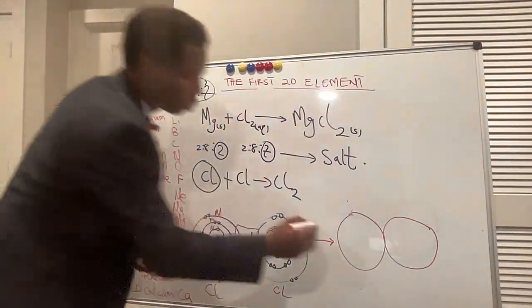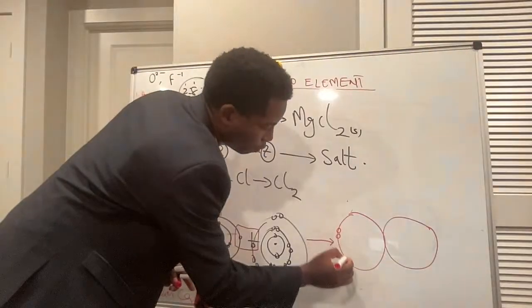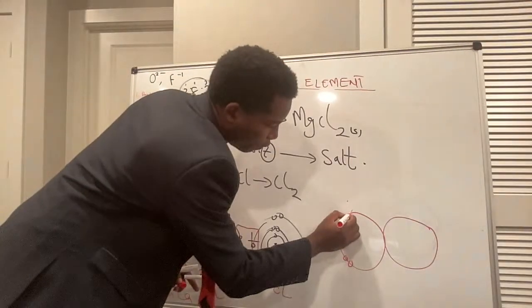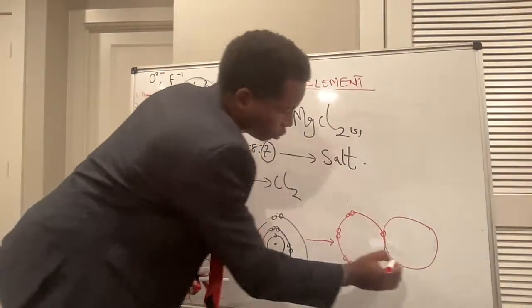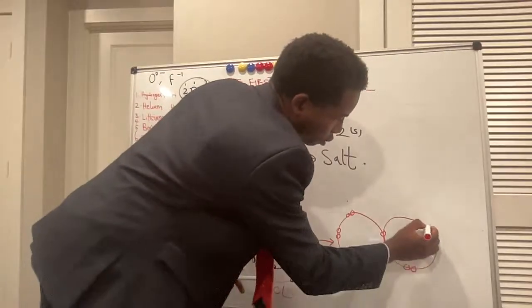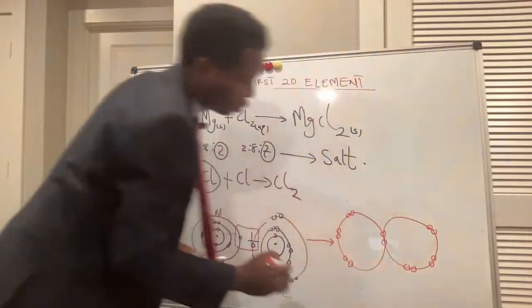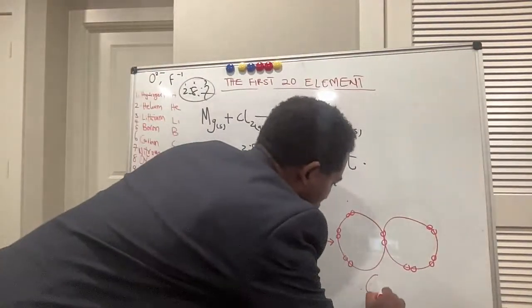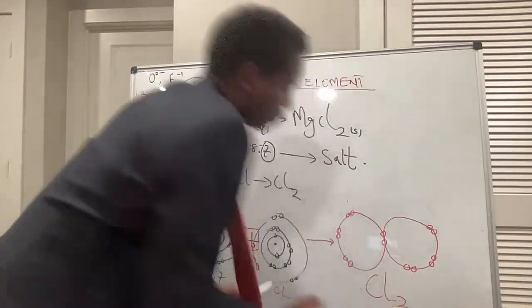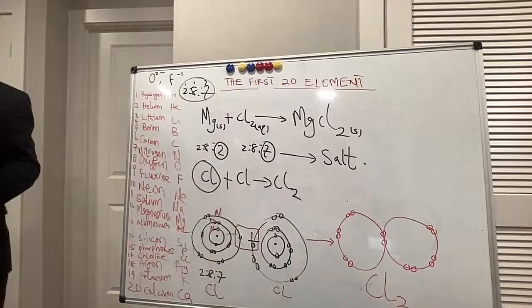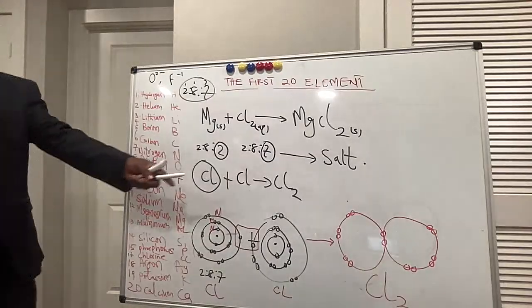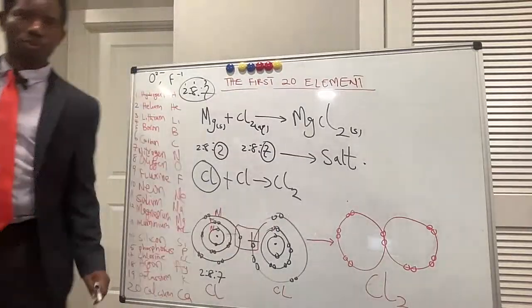This is 7: 1, 2, 3, 4, 5, 6, 7. And the other: 1, 2, 3, 4, 5, 6, 7. That is why we have Cl2.